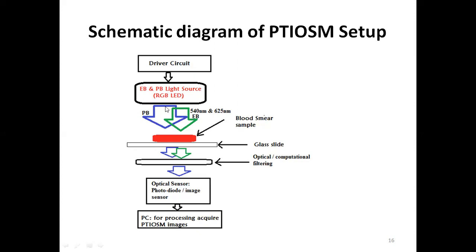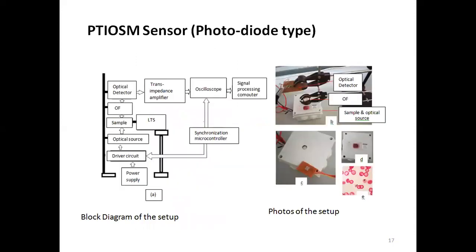Now, blue light was used as the probe beam, and green and red were used as the pump beam wavelengths. Then this light would pass through the sample, and after passing through the sample, we would filter off the pump beam so that only the probe beam gets into the detector. And then the detector signal is acquired by the computer for further processing.